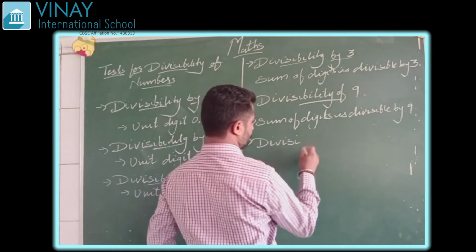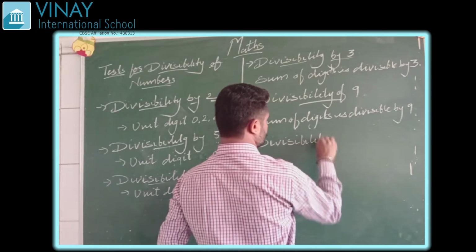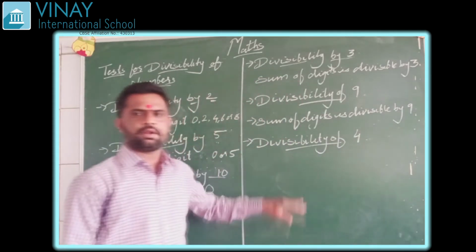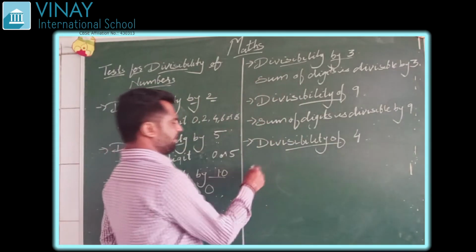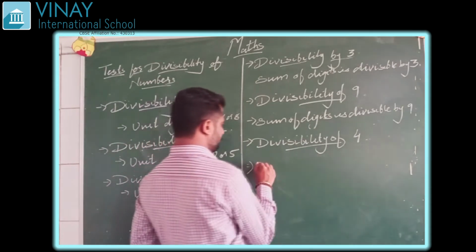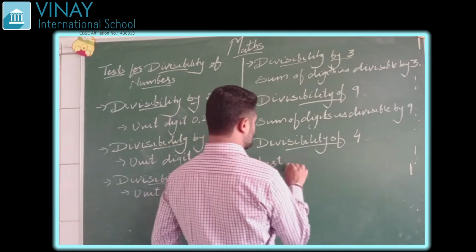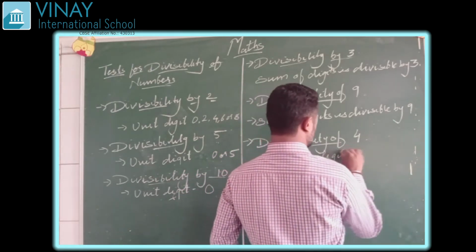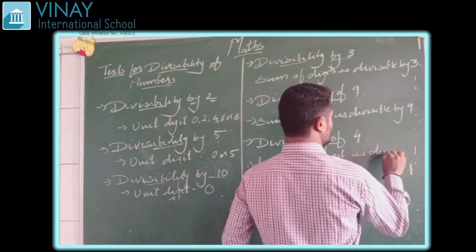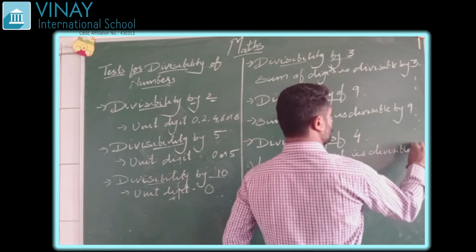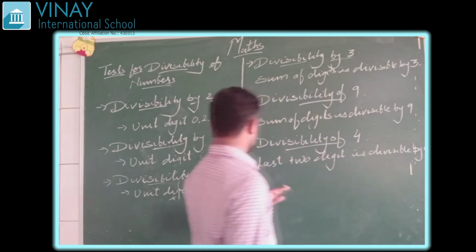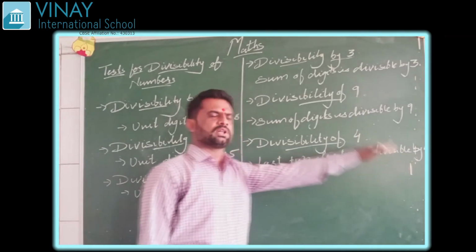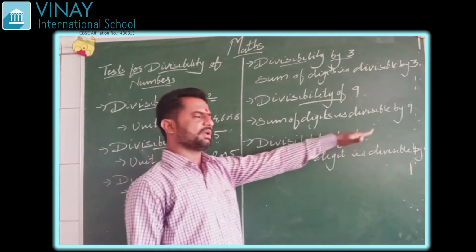divisibility of 4. Divisibility of 4 says that if the last two digits are divisible by 4, then that particular number is divisible by 4.